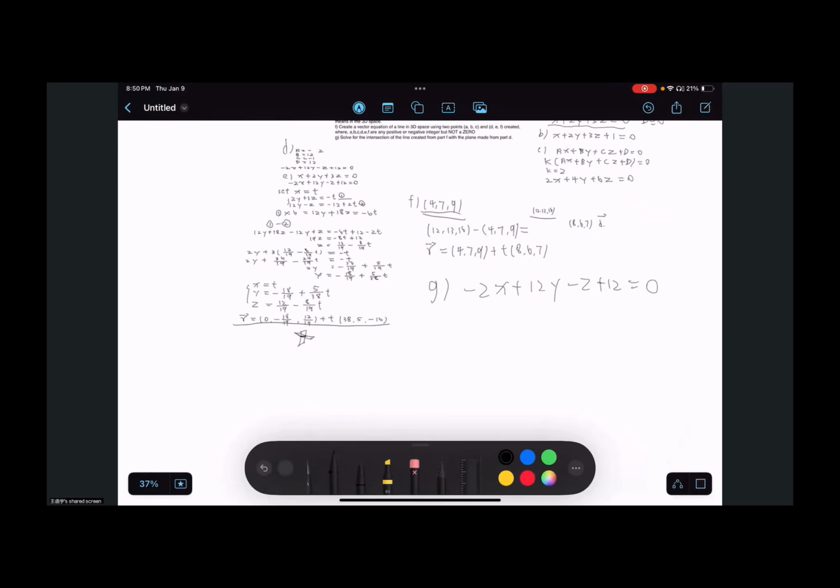And for part F, our answer is 4, 7, 9 plus t times 8, 6, 7.